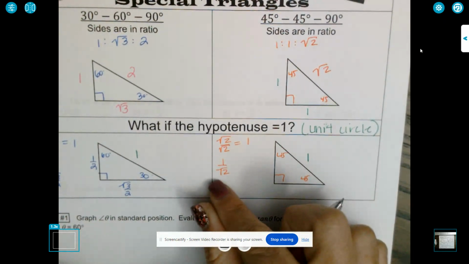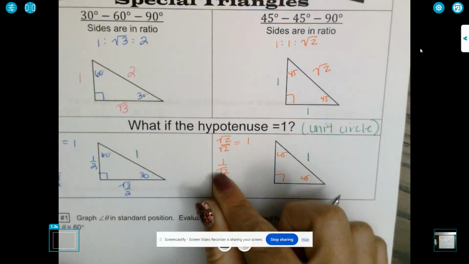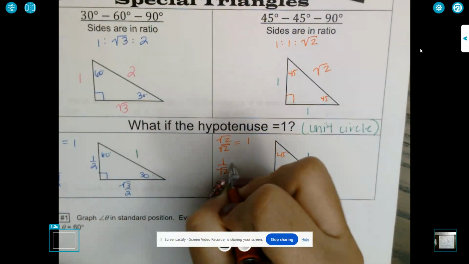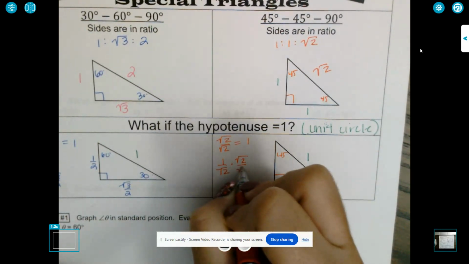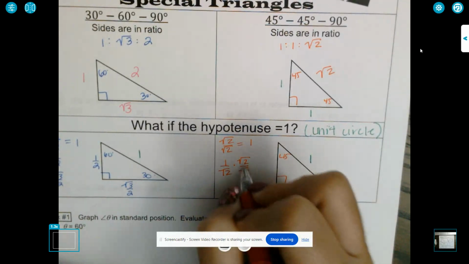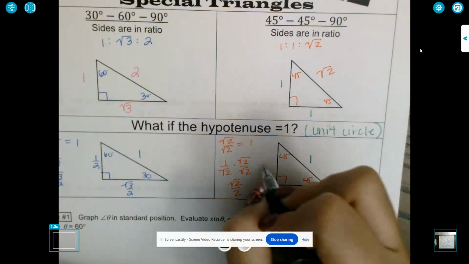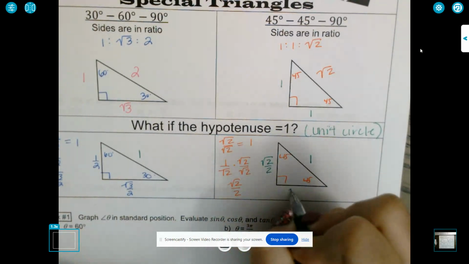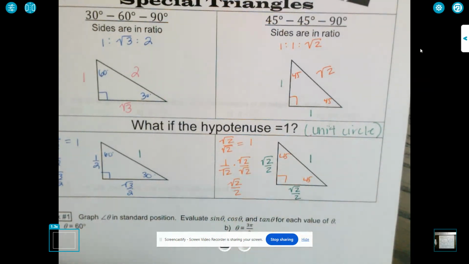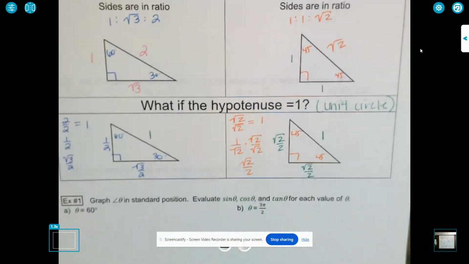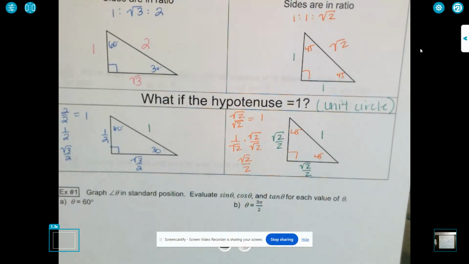This right here is part of the problem that y'all are having on that Delta Math, okay? We cannot leave it here, so we are going to rationalize by doing our fancy 1. And our value here is going to be the square root of 2 over 2. And that is for both sides of a 45, 45, 90 with a hypotenuse of 1, which is our radius.